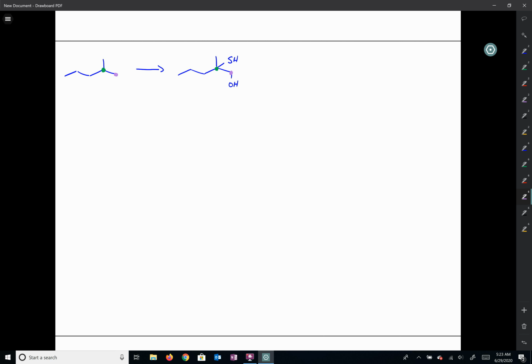Adding a thiol group, we might not have talked about that too much explicitly, but one thing to always think about is that sulfur on the periodic table is right below oxygen. What that means is that they share a lot of properties.